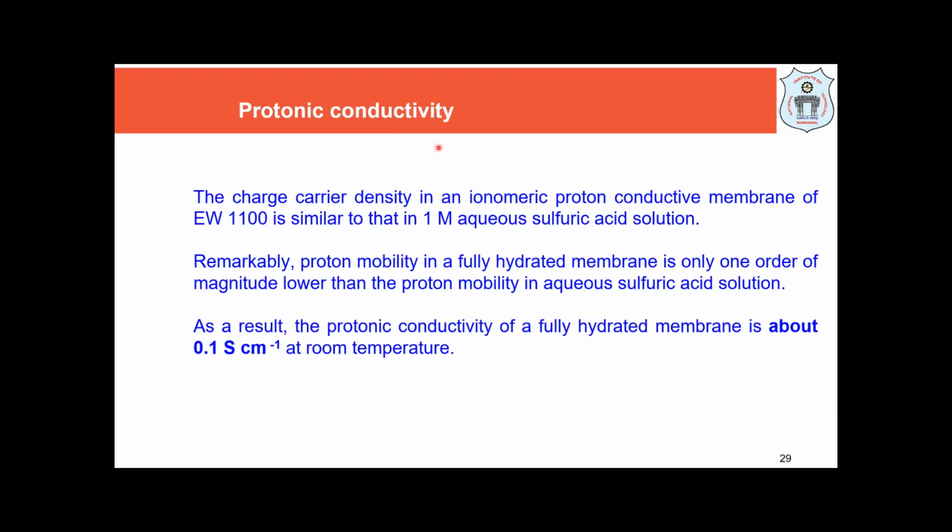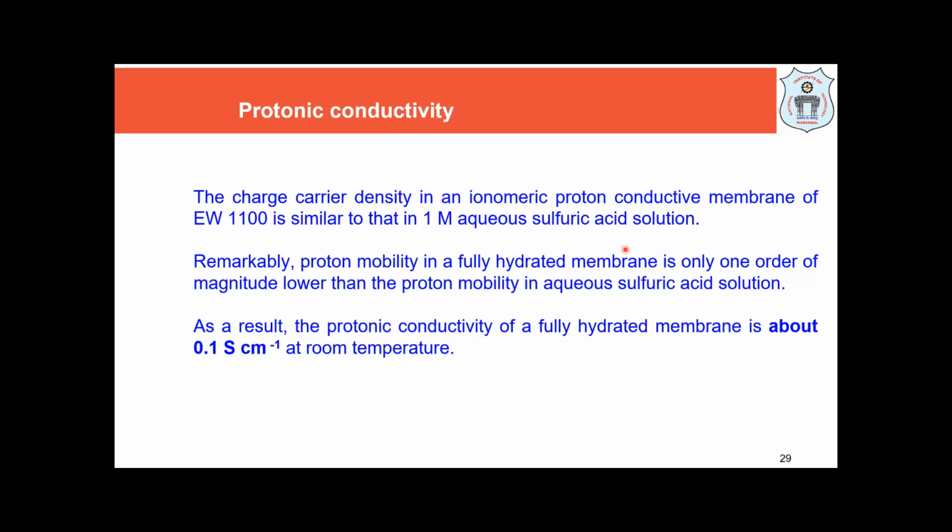Coming to the protonic conductivity, the charge carrier density in an ionomeric proton conductive membrane of equivalent weight 1100 is similar to that of a 1 molar aqueous sulfuric acid solution. Remarkably, the proton mobility in a fully hydrated membrane is only one order of magnitude lower than the proton mobility in aqueous sulfuric acid solution.